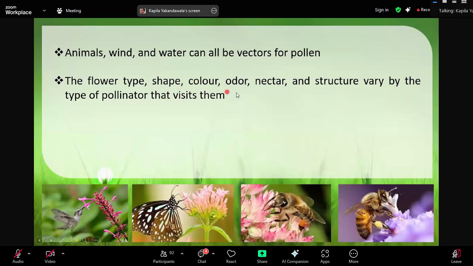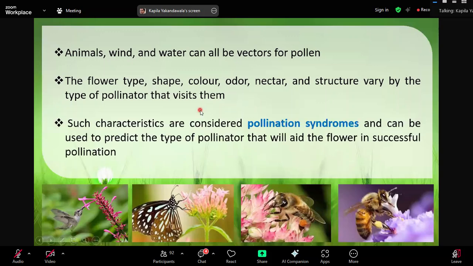Shape, color, odor, nectar, and structure vary. Different flowers have different colors, different shapes, different odors, scents. So those are called pollinator syndromes. Why do flowers have different colors, different odors? This is to attract a unique set of pollinators, right?